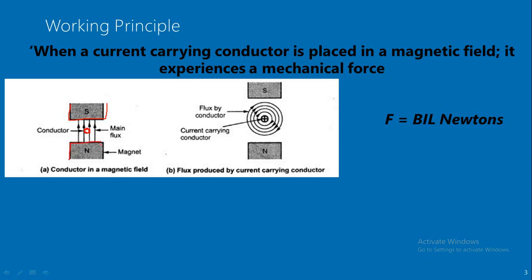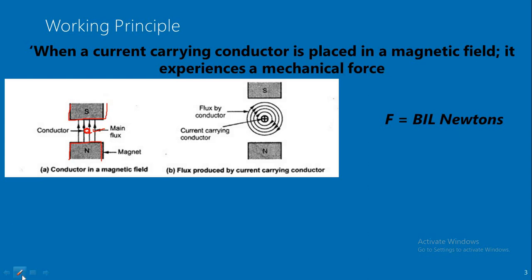According to the statement, when a current carrying conductor is placed in a magnetic field between the North Pole and South Pole, this conductor experiences a mechanical force. How does it produce a force, or twisting force, which we can call torque?